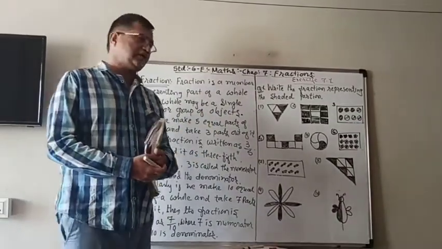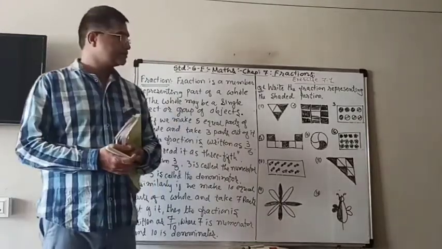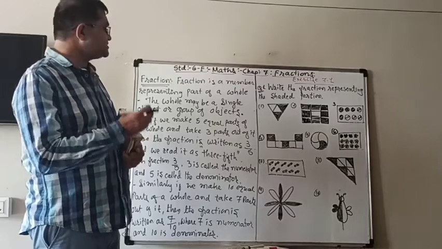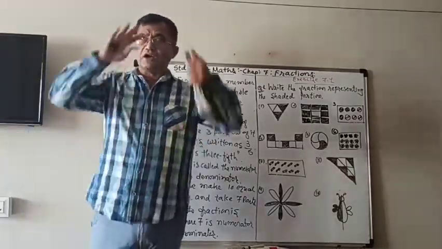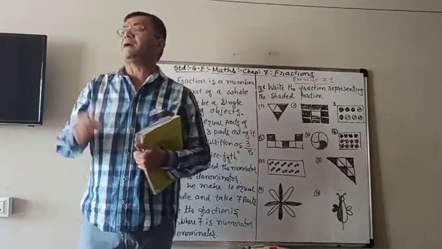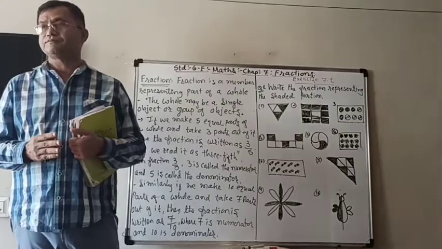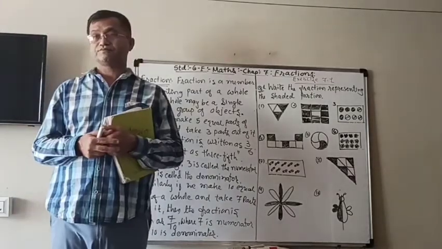It means that the whole that we are taking can be a single object. A single object is divided into equal parts, or it can be a group of objects also.